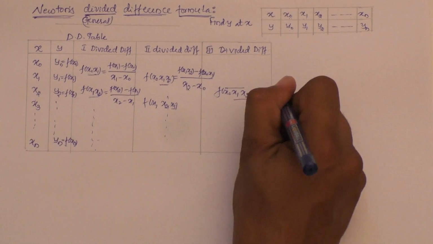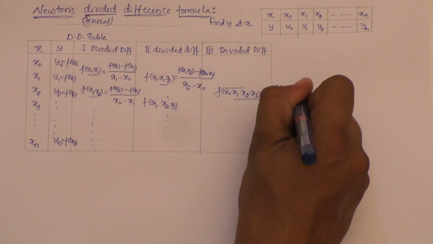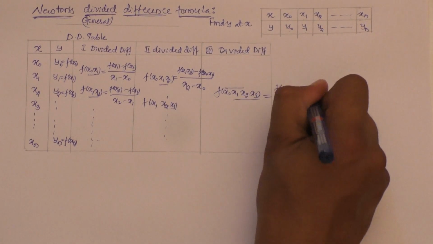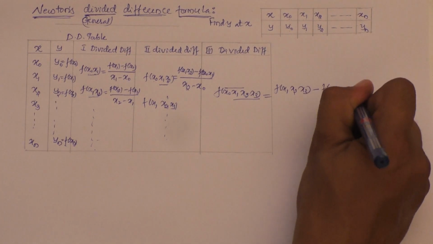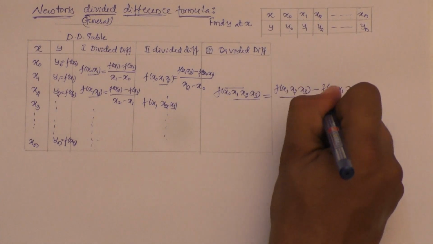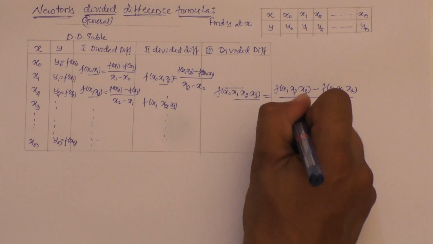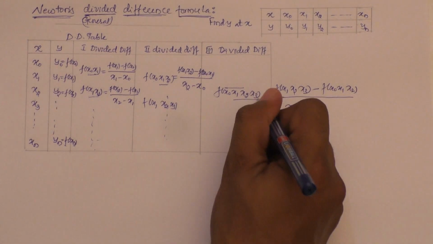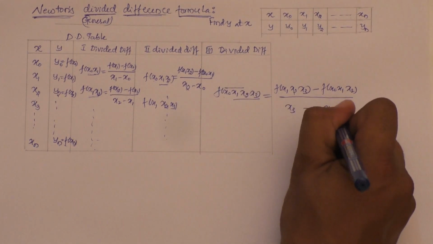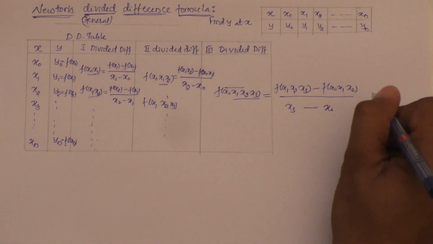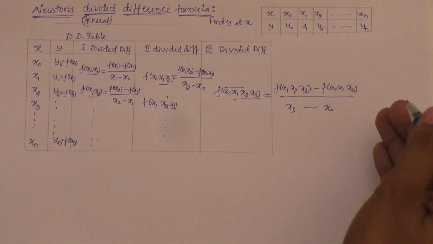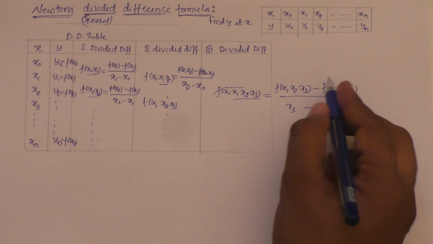So it is f of x1 x2 x3 minus f of x0 x1 x2 divided by x3 minus x0, last value minus first value. This is the third divided difference. In the same way you can go for the fourth divided difference, until you get the final single value.